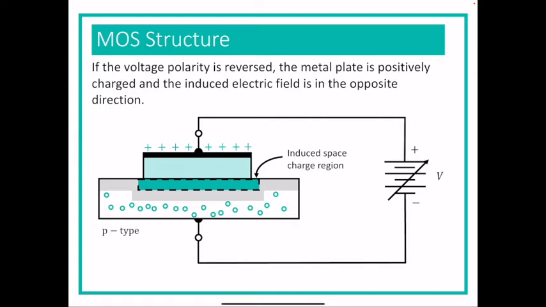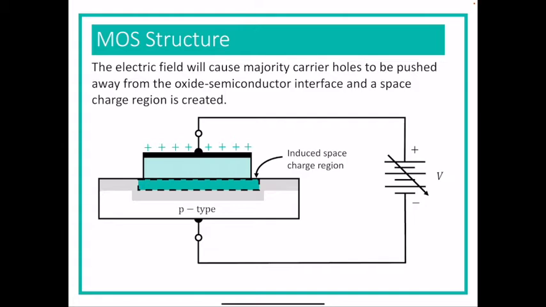So there's actually a space charge or depletion region now at that junction. We'll end up with a positive charge at the top, and then we actually have a space charge region that can be used.